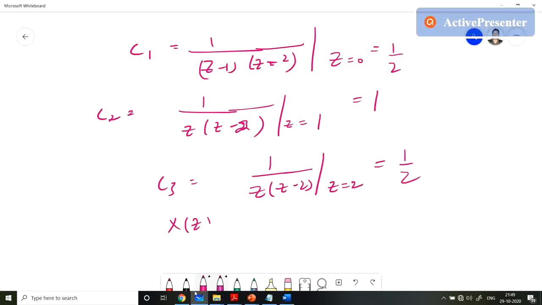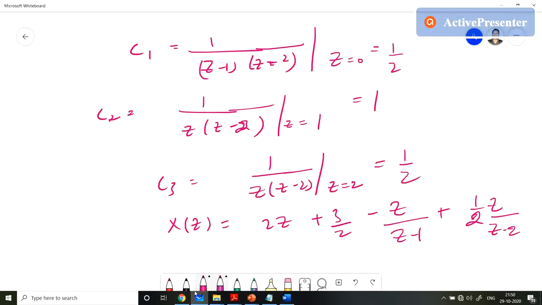We will get X(z) equals 2z plus 3 by 2 minus z divided by (z minus 1) plus 1 by 2 times z divided by (z minus 2), and the ROC is modulus of z less than 1.